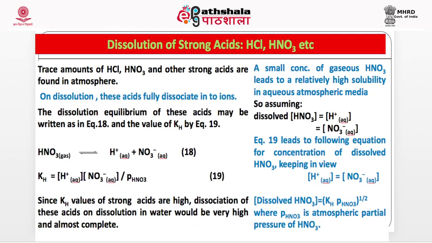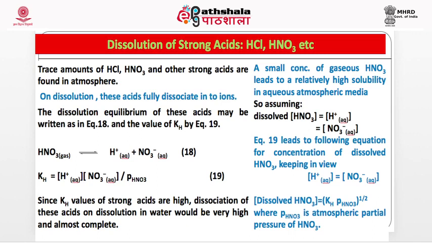So, you can say, since the whole of HNO3 has dissociated, whatever HNO3 was present in the gas phase is now converted to hydrogen ion and nitrate ion. So, you can say they are equal to this. And in equation 19, from this you can find dissolved HNO3 equal to KH into PHNO3.